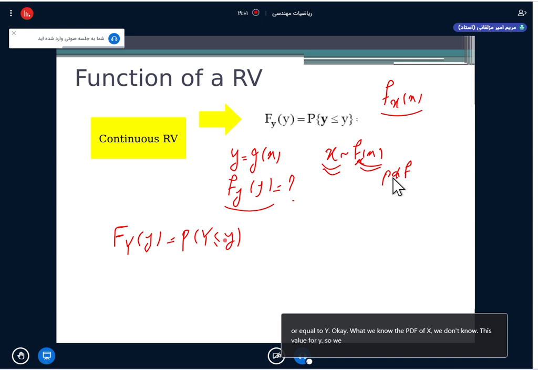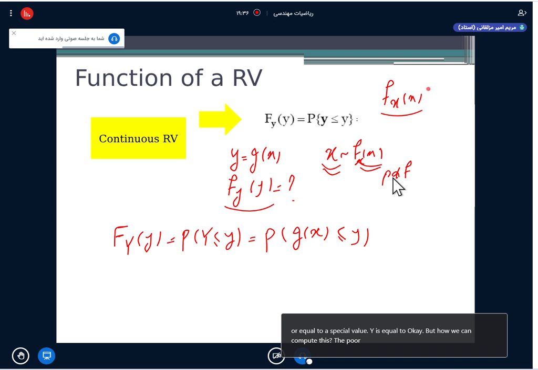So we should establish a connection between y and x, because we know x and we don't know y. We know that y is equal to g(x), so we replace this in this equation. So the probability that the random variable y is less than or equal to a special value y is equal to this.